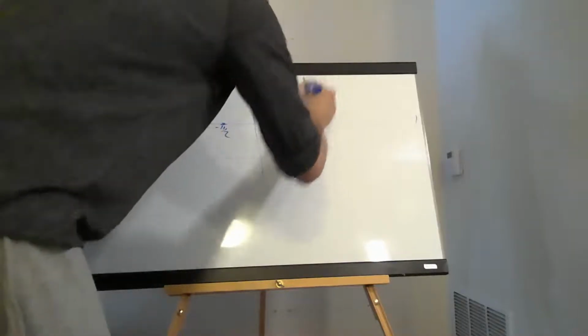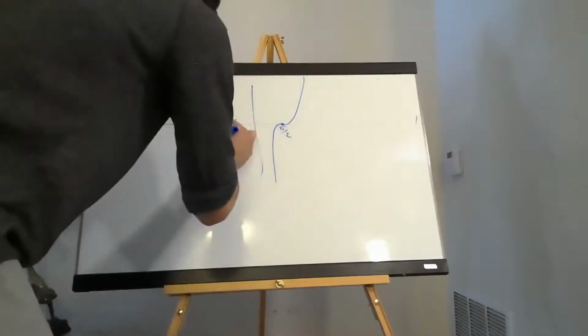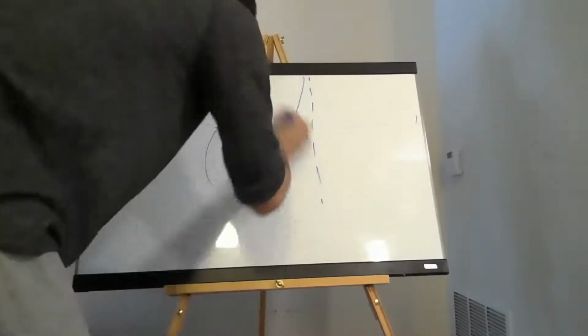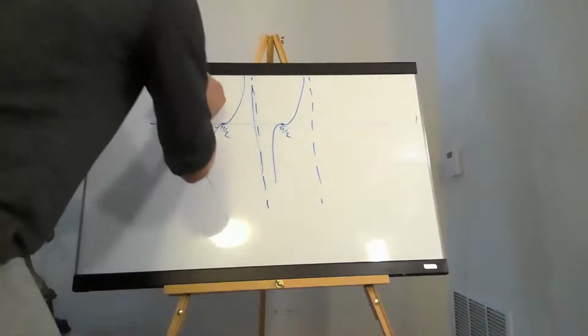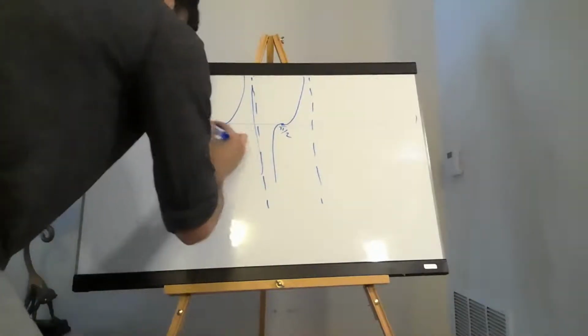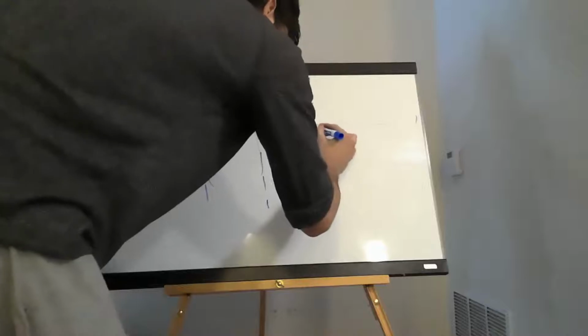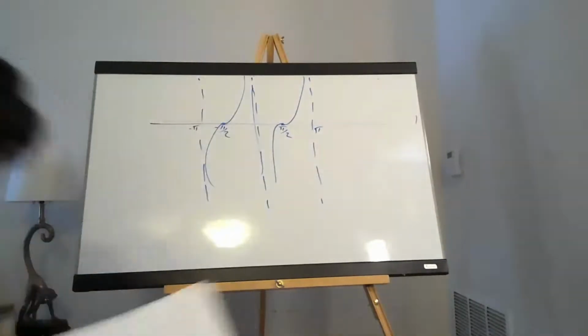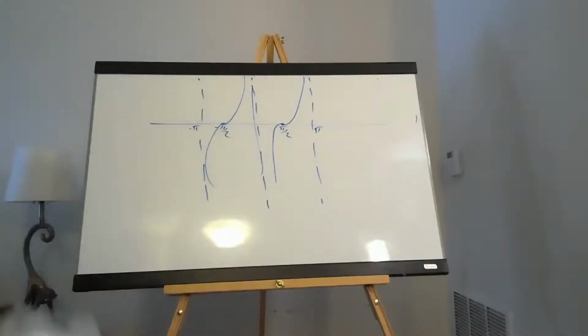You're going to go like this, that, this, that. This is going to be negative pi, and this is going to be positive pi. So that's cotangent, which is just the inverse of tangent.